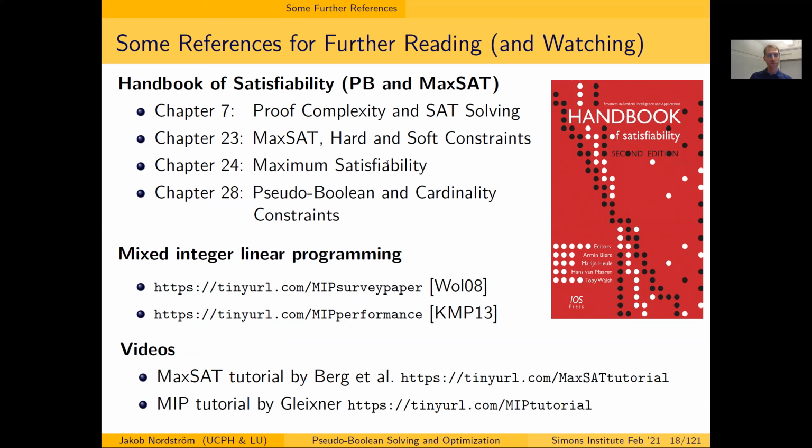For mixed integer linear programming, there is nothing in the Handbook of SAT. But a good starting point might be these papers that I'm linking to here.